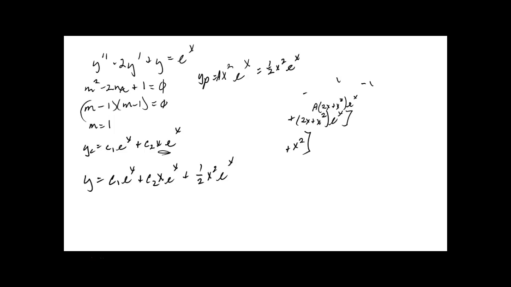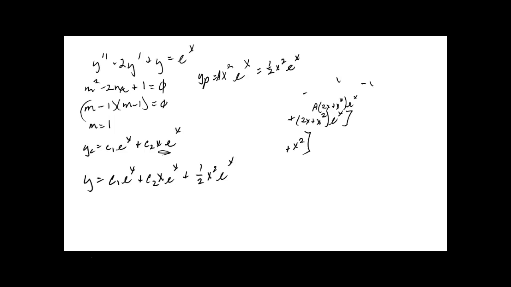So what's the multiplication rule for case 2? If any y sub p, any one of them, contains terms that duplicate terms in the y c, the complementary solution, then that particular solution must be multiplied by x to the n, where n is the smallest positive integer that eliminates the duplication.